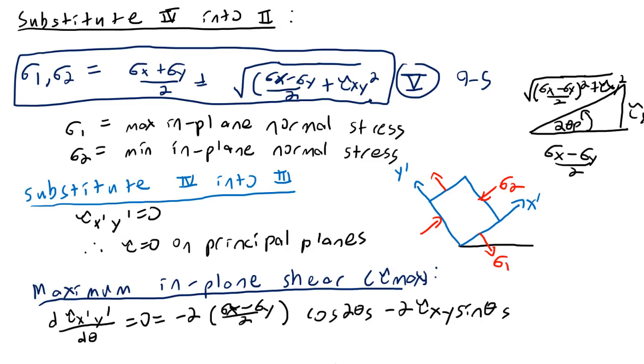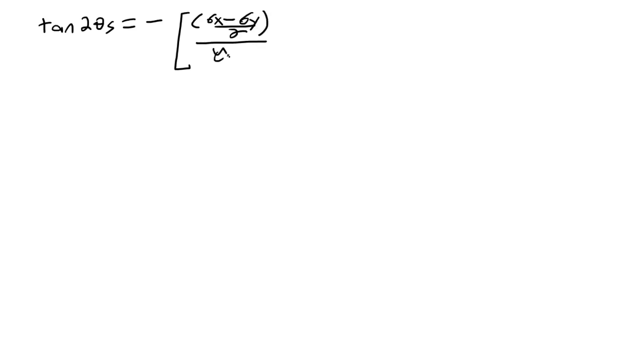So, continuing through there, we'll find that the tangent of 2 theta s equals negative sigma x minus sigma y over 2 over tau xy, and this will be equation 6.